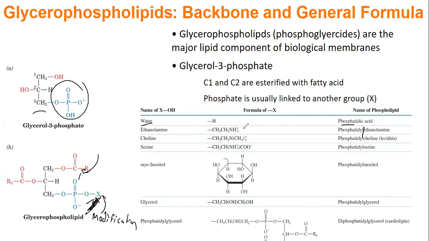And here it's just a list of different head groups that you might find: ethylamine, choline, serine, myo-inositol, glycerol, phosphatidylglycerol. So that's just one type of lipid, where we have a phosphate, something's usually attached to that phosphate, and then at position 1 and position 2 of the glycerol, you'll just have fatty acid tails like normal. So that is what a glycerol phospholipid is.